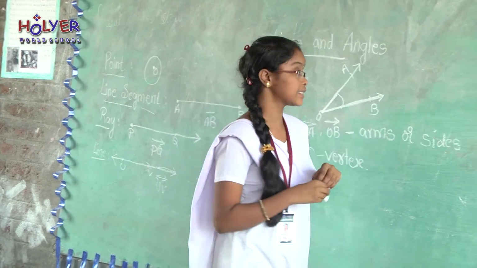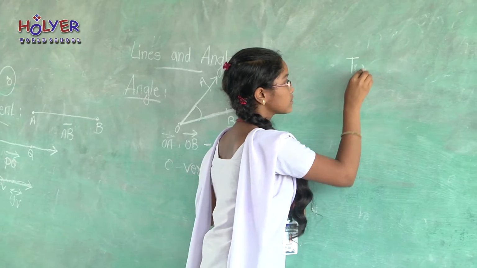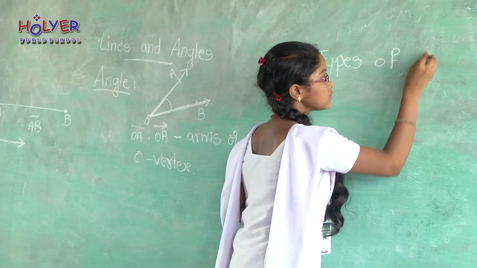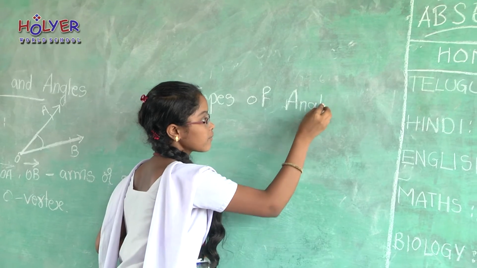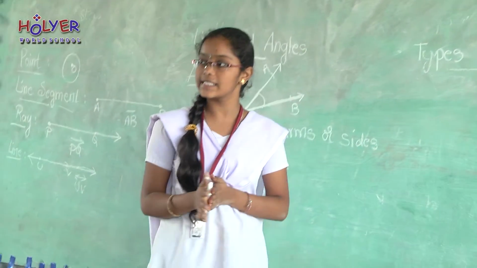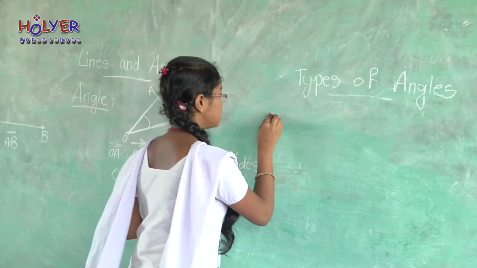Next, types of angles. There are 6 types of angles. First one, acute angle.